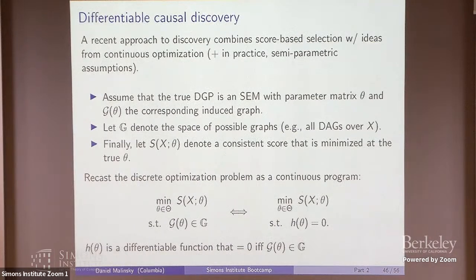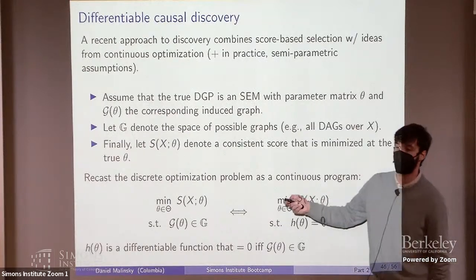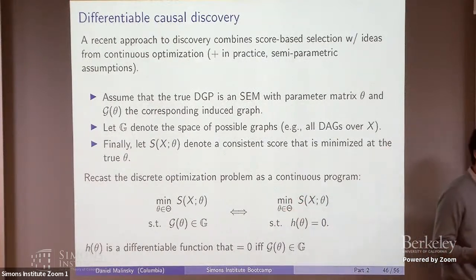For example, the space of all DAGs over some variables X, or the space of all MAGs or PAGs over variables X. Then define a score function, kind of similar to BIC, that maps some parameter vector estimated for a graph to higher or lower numbers, depending on whether it's a better fit.